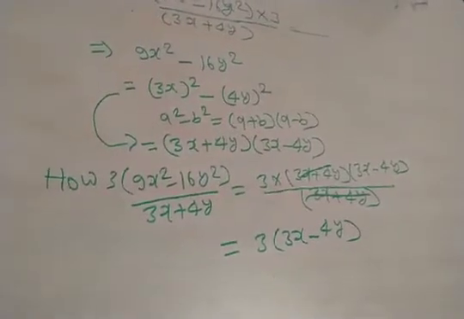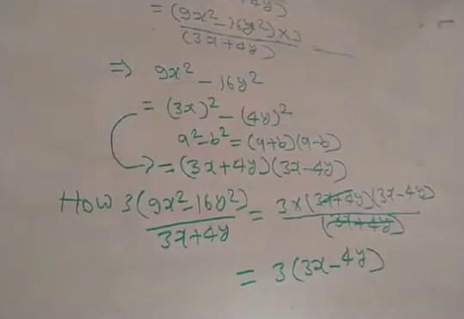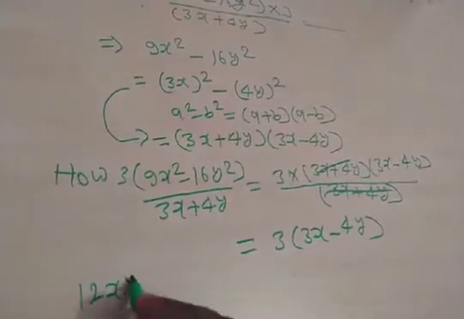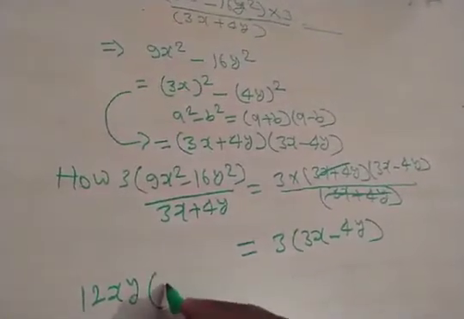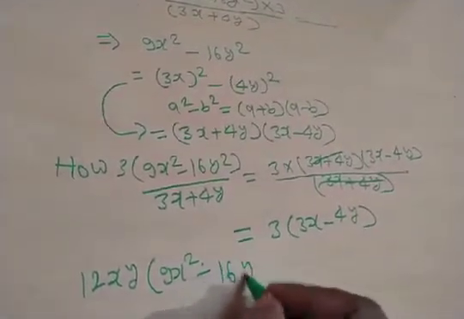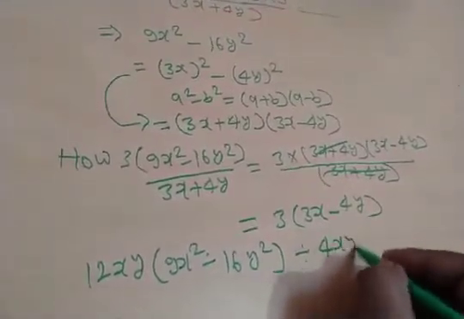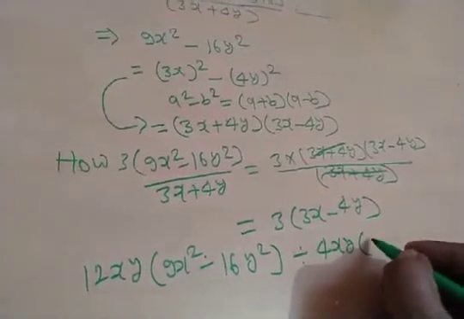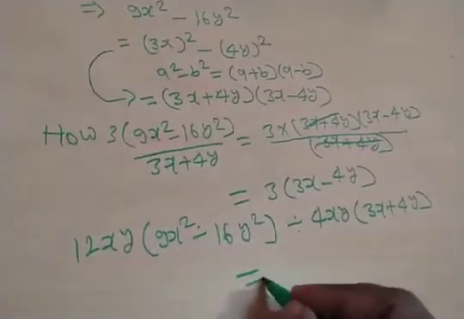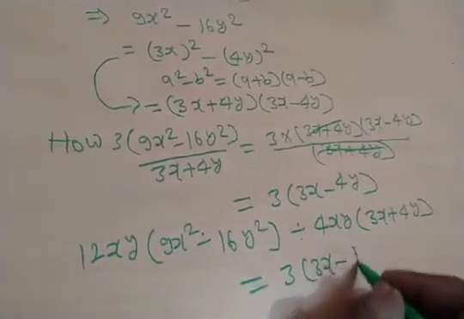Student, this is clear? So our question is 12xy into (9x square minus 16y square) divided by 4xy into (3x plus 4y), which is equal to 3 into (3x minus 4y).